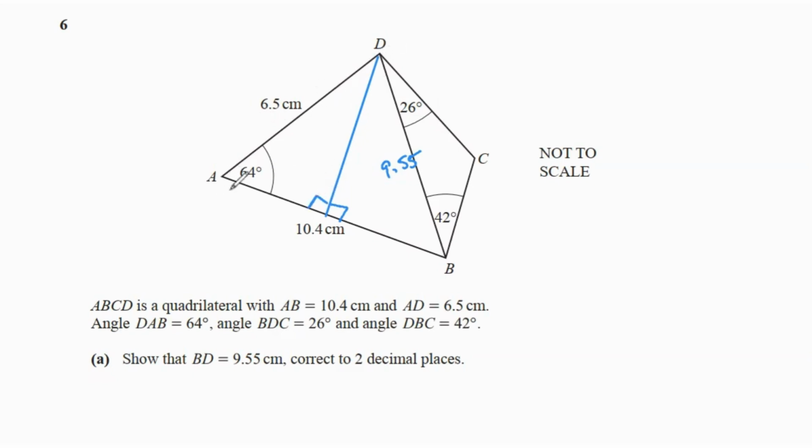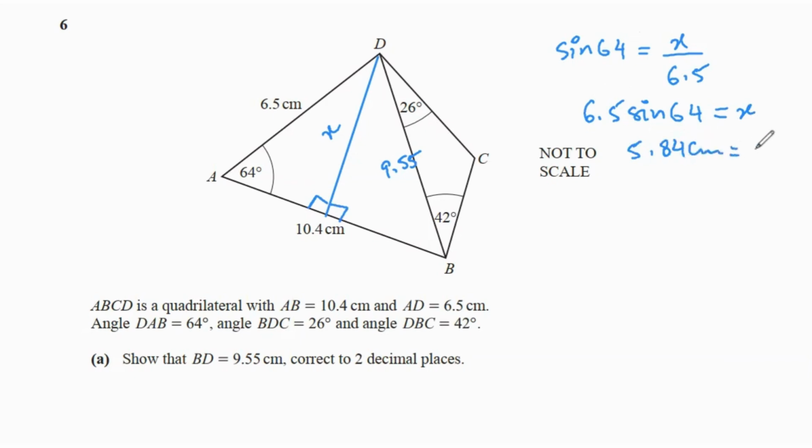We have DA, we have the angle, we need to find this. So we need to use sine to find this distance because that's the opposite. Sine of 64 equals x over 6.5. 6.5 times sine of 64. And that is going to give us 5.84 centimeters.